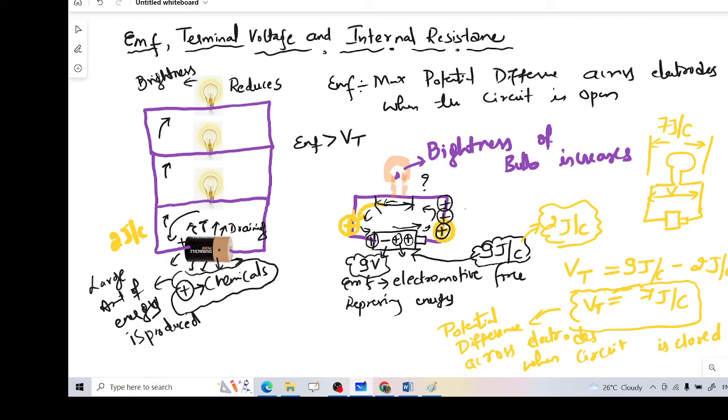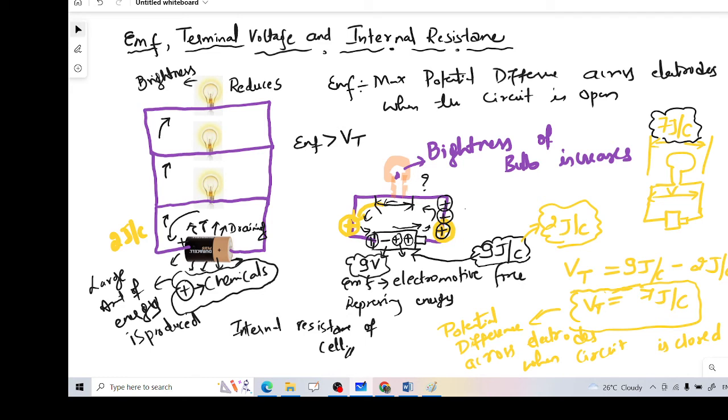Whatever this repulsion and whatever the energy loss because of the heat, I can call it the internal resistance of the cell. Because of the internal resistance, we are getting here 7 joule per coulomb of charge.